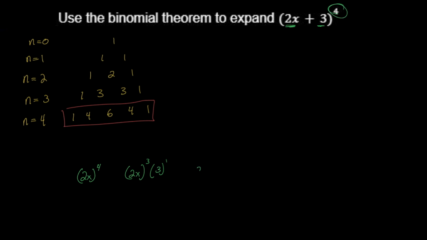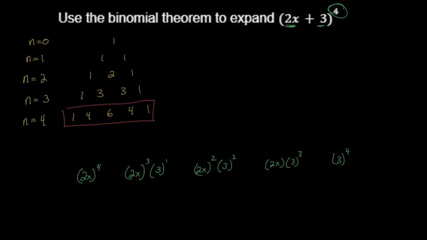So the next term will be the product 2x to the 2nd power times 3 to the 2nd power. The next term will be 2x to the 1st times 3 to the 3rd. And the last term will be 3 to the 4th.